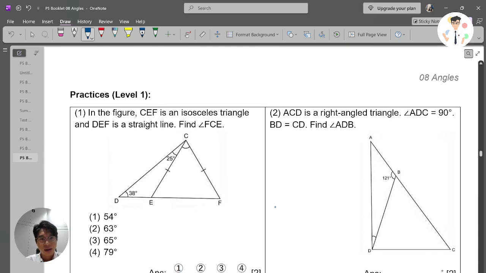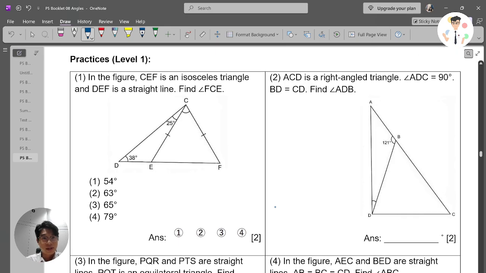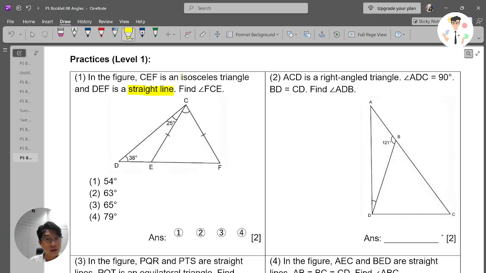For example, you can see question 1. Again, you can see they always like to mention some of the words, straight line. Very important. You see some of the terms, isosceles triangle. And when you see an isosceles triangle, you see something like this, and you should know something somewhere here and somewhere here should be the same, right? Now, okay, and you see also what?